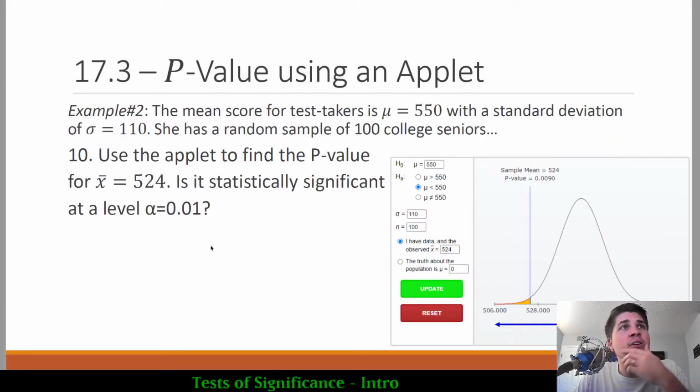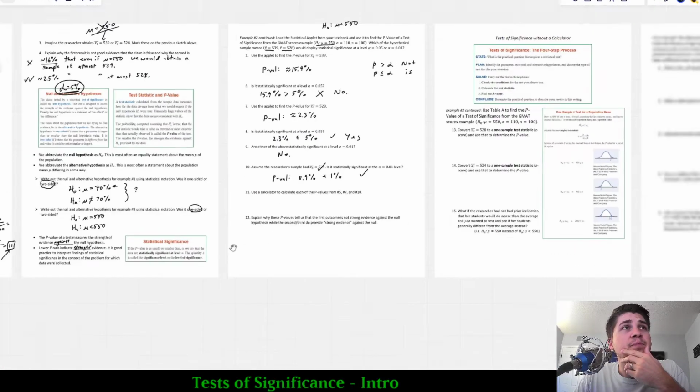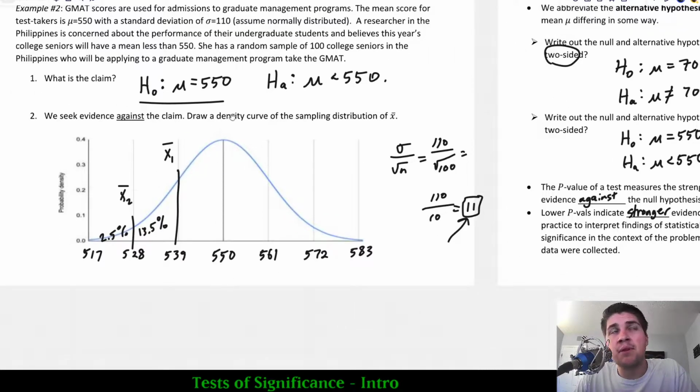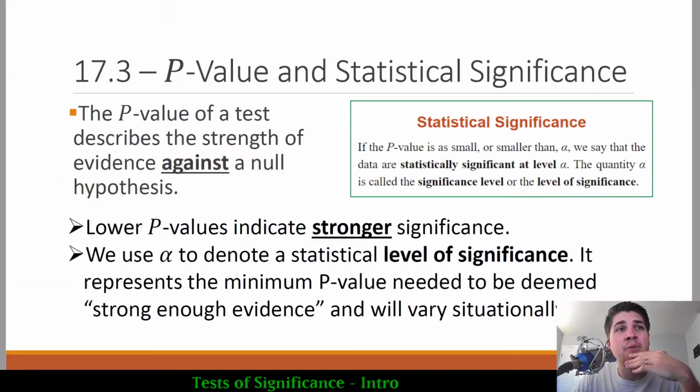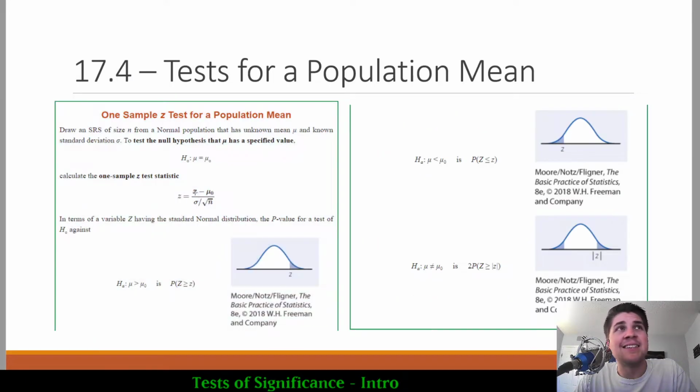Going back to this example right here, the mu is the mu 0, the claim of 550 in example number 2. X bar is different from that, so we're trying to find the z-score of that. And the standard deviation is sigma divided by root n. If we really look at this formula, that's exactly what it is: x minus mu over sigma. Basically, this is just calculating the z-score, changing our parameters to the given situation.